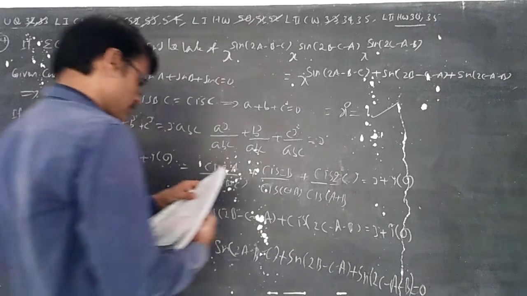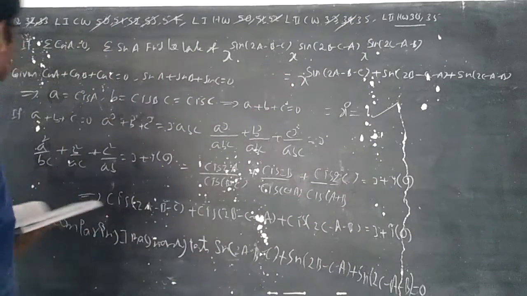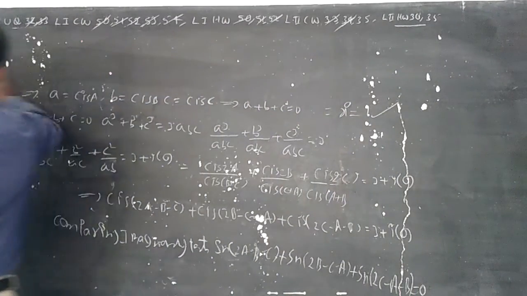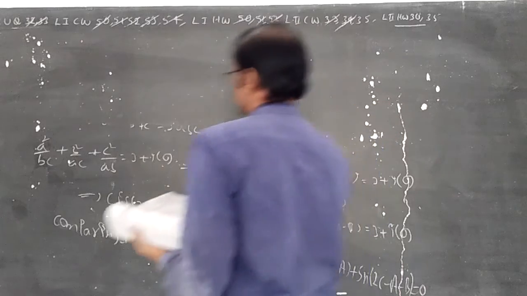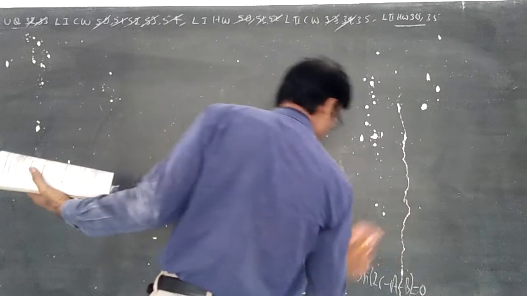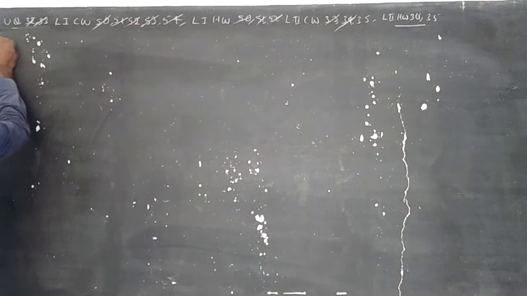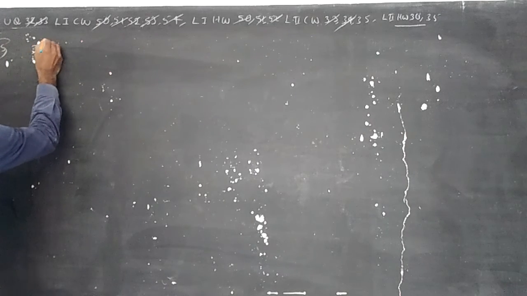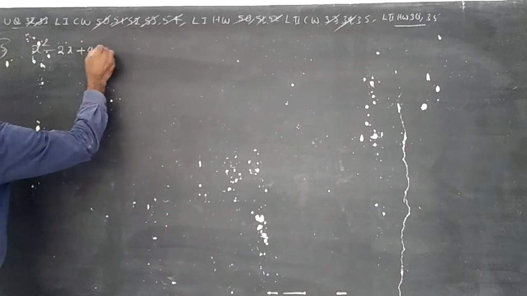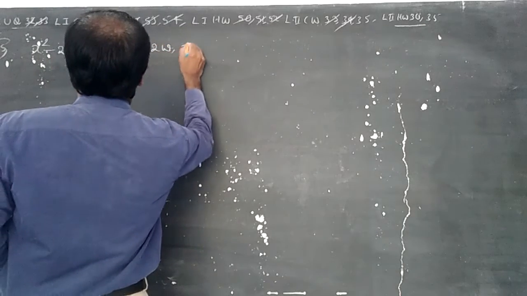34th question, first option. If alpha, beta are roots of x square minus 2x plus 4 equal to 0, students, you can write here x is equal to 2 omega.